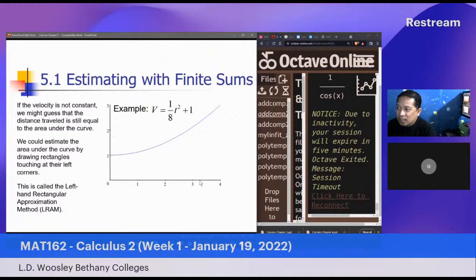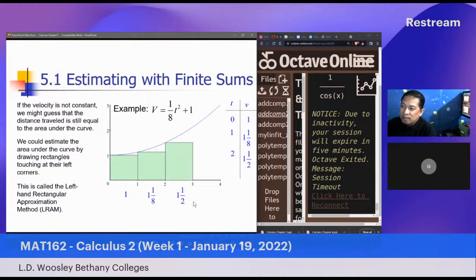So normally, nahati natin siya. Ang tawag diyan ay left-hand rectangular approximation method, wherein meron tayong mga nilalagay diyan na mga certain slices of the curve. For instance, at velocity equal to 1, time equal to 0. So hinahati-hati natin siya, so nagkakaroon tayo ng approximation. Of course, we don't need to measure that anymore. This is just for graphical representation.